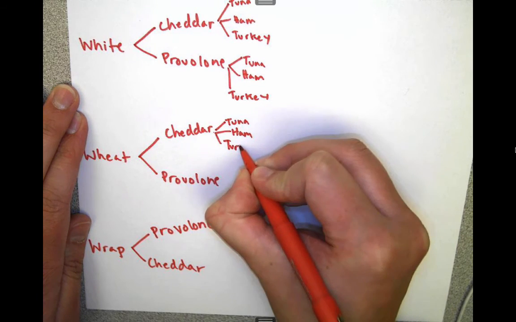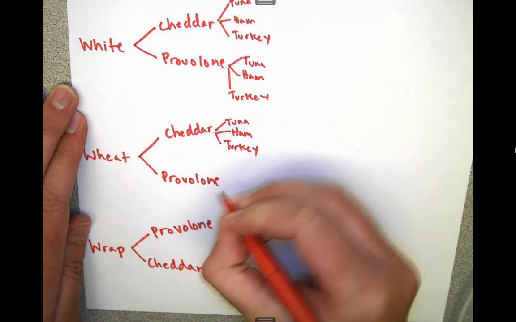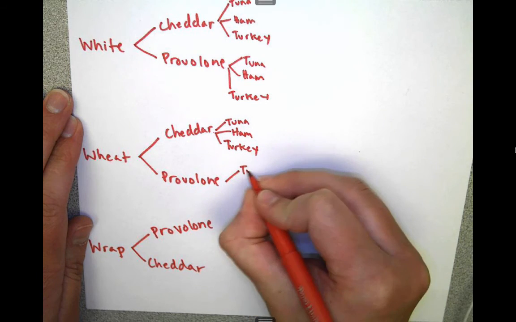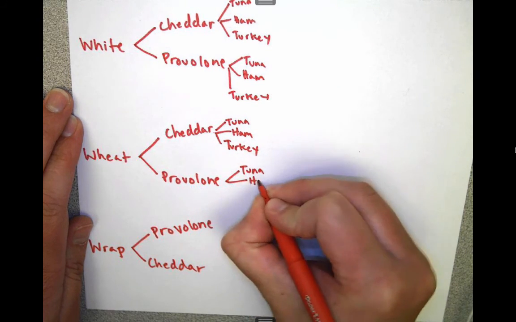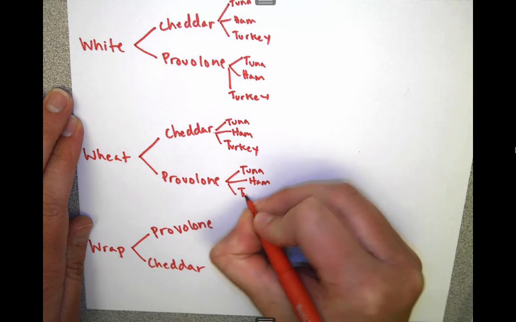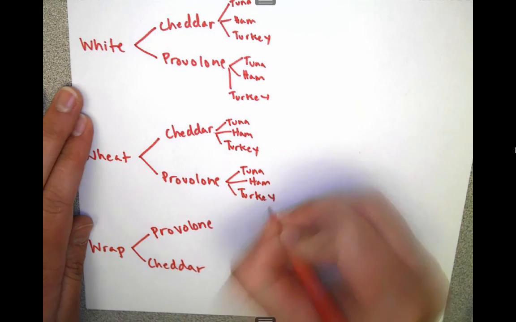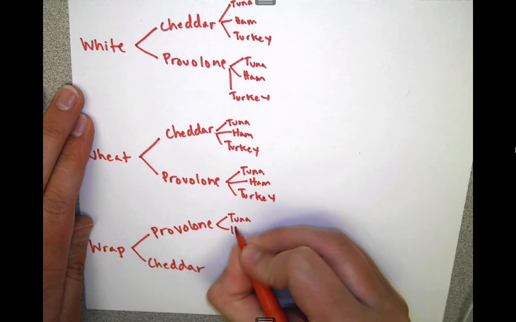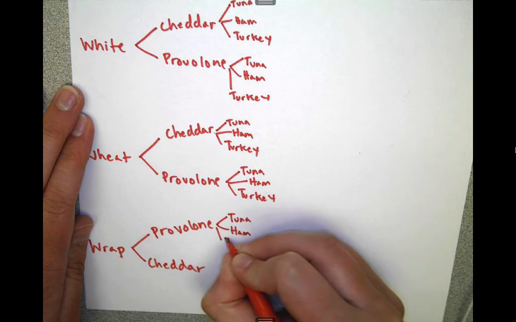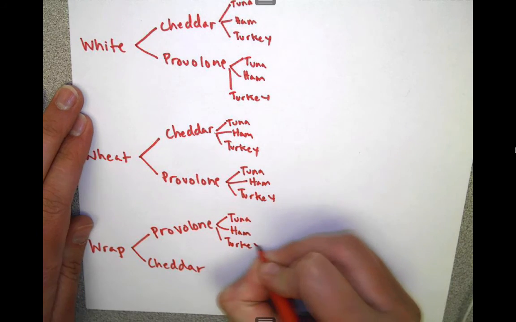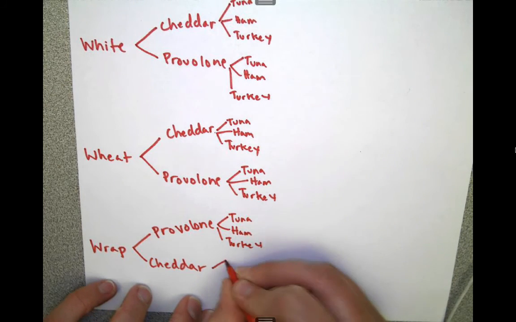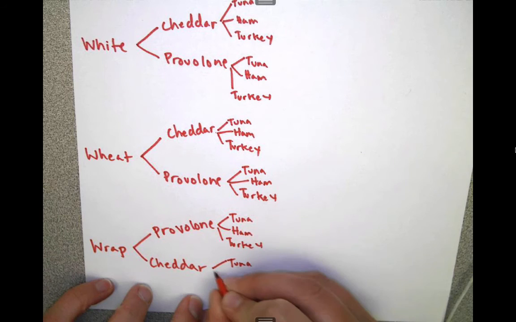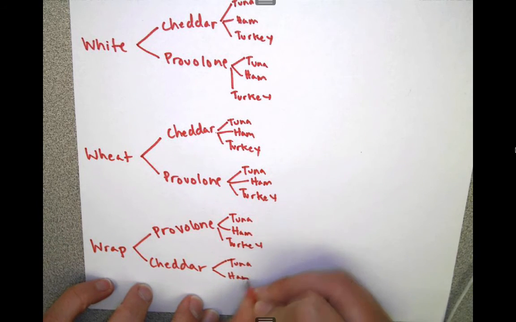The choices stay the same each time. With my wheat provolone, I could get tuna, ham, or turkey. With my wrap provolone, I could get tuna, ham, or turkey. And then with my wrap cheddar, same thing, tuna, ham, and turkey.